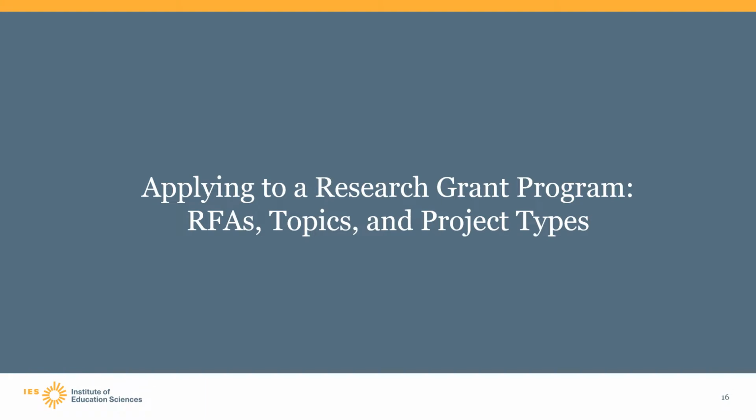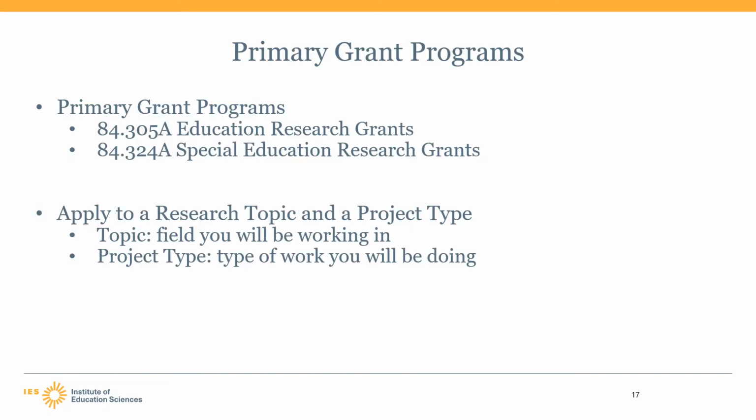In this section of the presentation, we will introduce our primary grant programs, the topics and project types within them, key parameters for project types, and submission dates for applications to each of the programs. Our primary grant programs are CFDA numbers 84.305A and 84.324A.